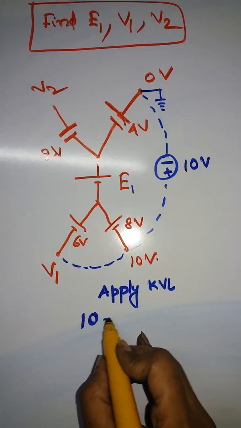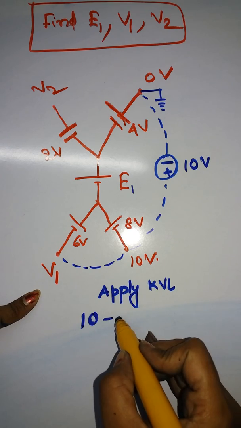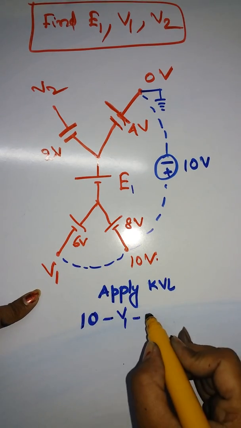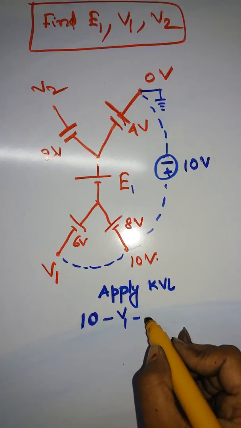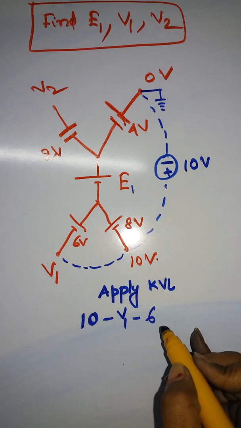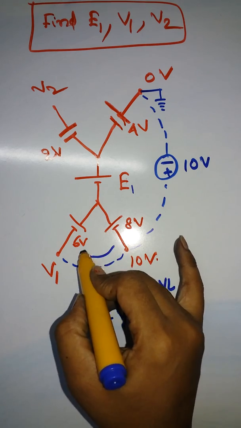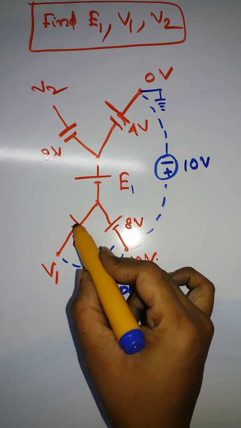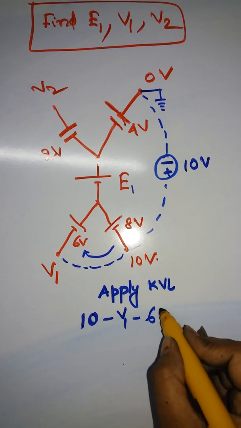Okay, so 10 minus V1 we are going like this, minus 6. Okay, we are going like this, 10 minus V1 minus 6, and here plus 8.